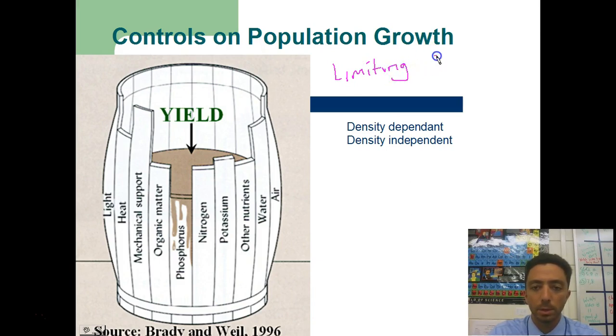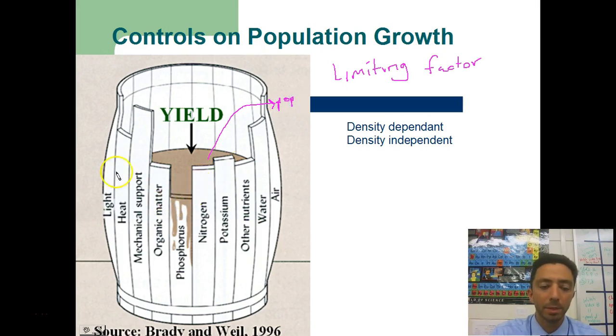There's always some sort of limiting factor when you're talking about the size of a population. And so each of these slats of the barrel represents a factor for this population, or this organism. And the water in the barrel is equal to the population.